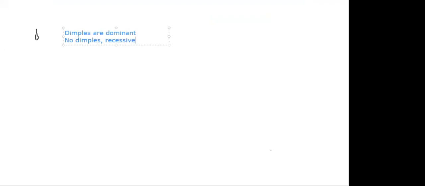All right, dimples are dominant, no dimples are recessive. So we're going to use a big D for having dimples, and we're going to use a little d for not having dimples. So far, so good? Yep. Cool, cool.